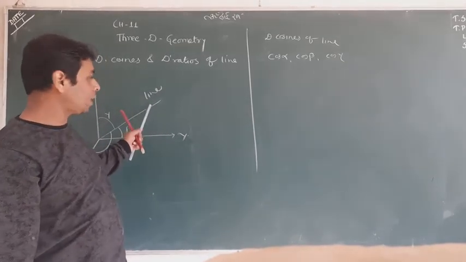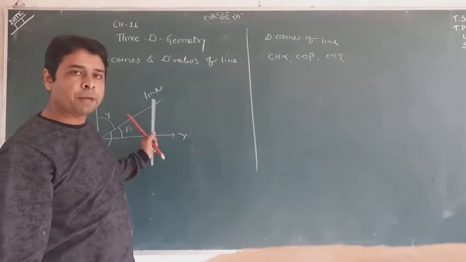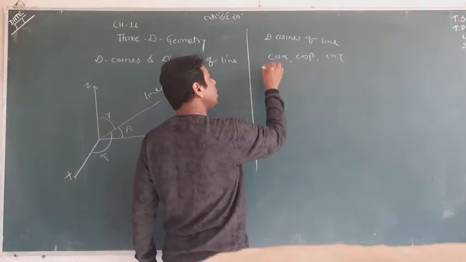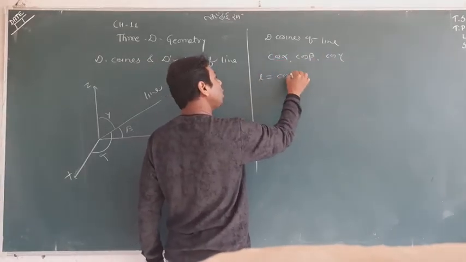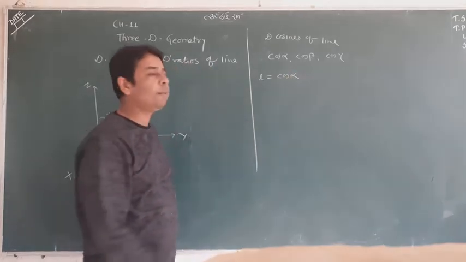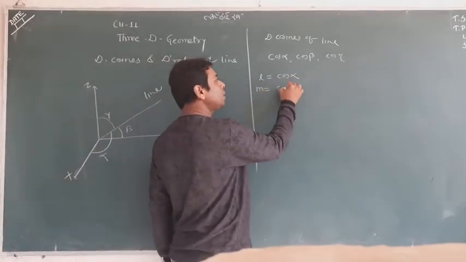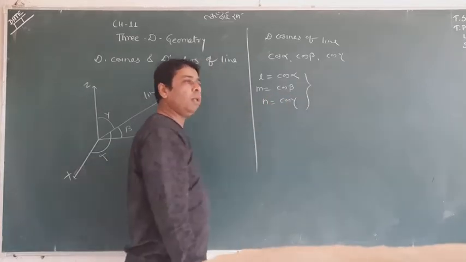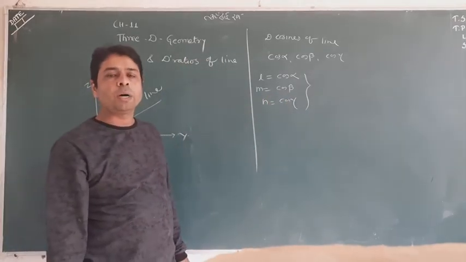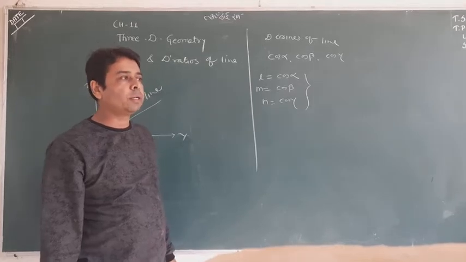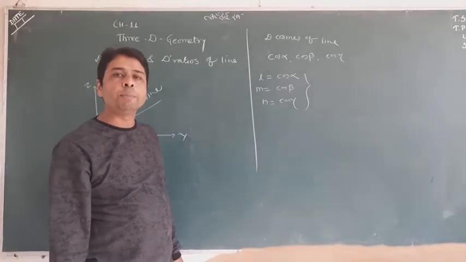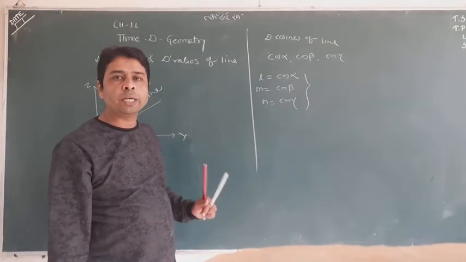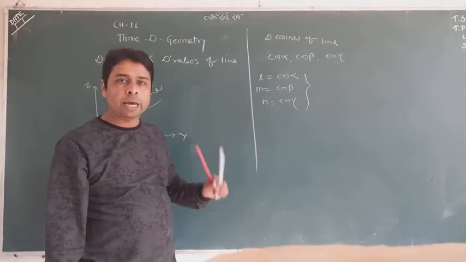Cos alpha is normally denoted by l, this is m, and this is n. These are the specific symbols l, m, n. For convenience in speaking, we take cos alpha, cos beta and cos gamma equal to l, m, n.